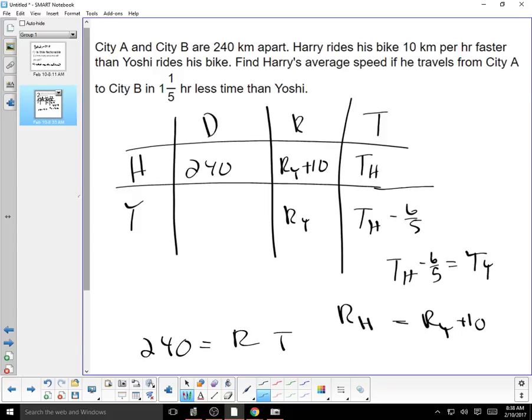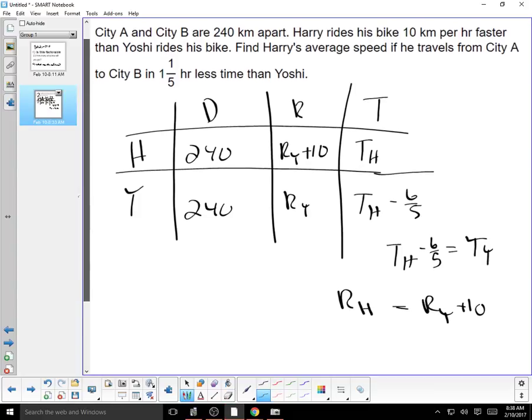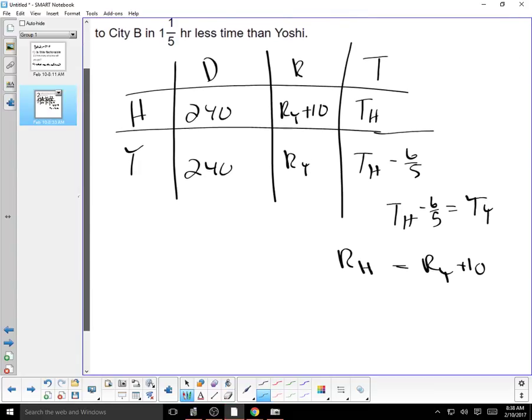In this case, the distances are the same, right? So if I did distances, I would have two variables there. I would have ry and ty. Distance is rate times time.